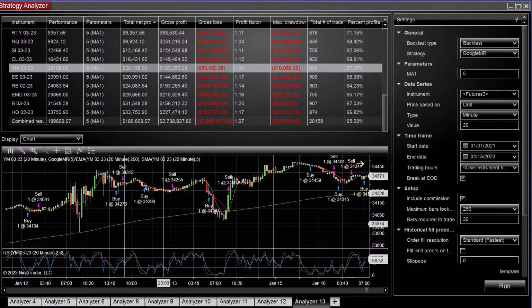Then, when the RSI crosses below the 10 line and price is below the 10-period moving average, we go long and exit when price crosses back above the 10-period moving average.